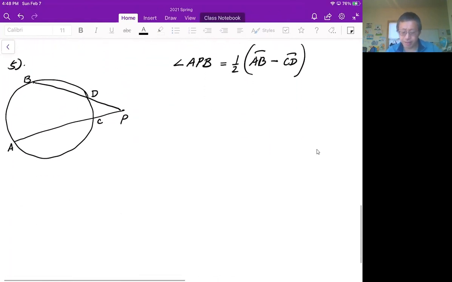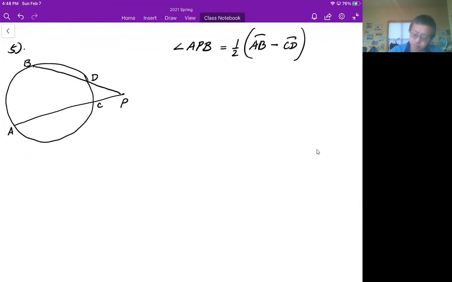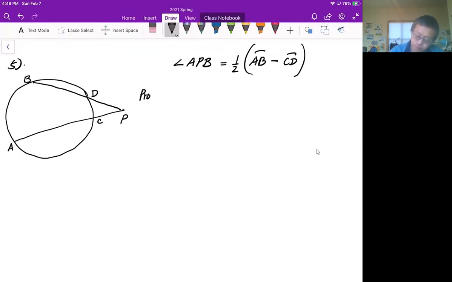So I want to give everyone a minute to think how to prove this.